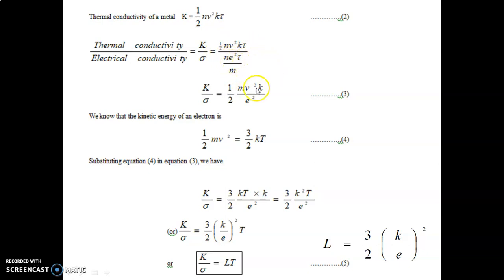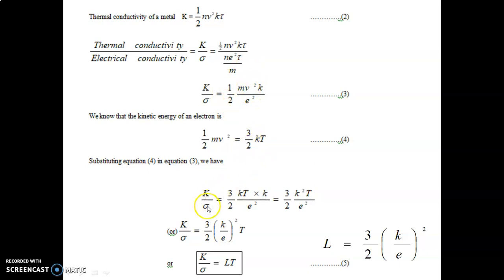If we simplify, we get K by sigma equal to half m v square small k by e square. We know that the kinetic energy of an electron, half m v square, must be equal to 3 by 2 small k into T. So we replace half m v square by 3 by 2 kT.